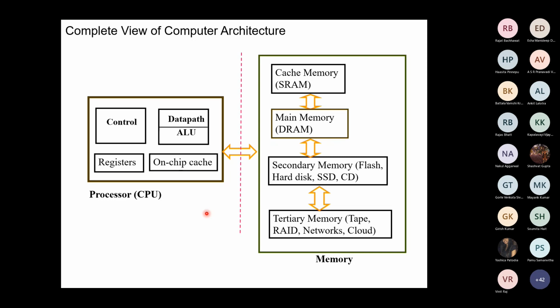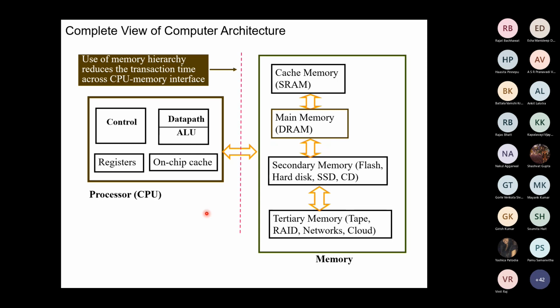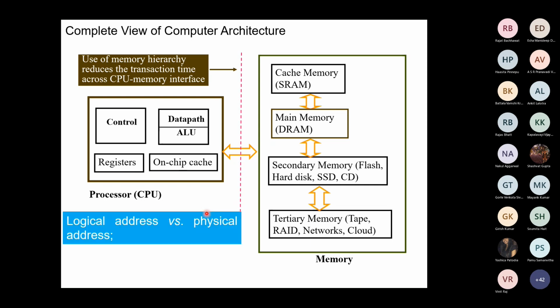So you realize that, first of all, the memory hierarchy reduces the transaction time across the CPU memory interface. This uses the principle of spatial locality and temporal locality. And you already have this understanding of logical address versus physical address. A logical address is supplied by the program counter, and then it is mapped into the physical address.